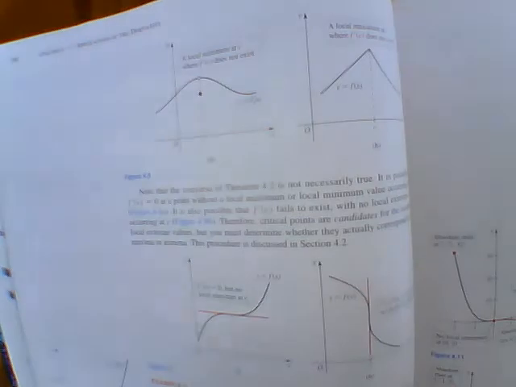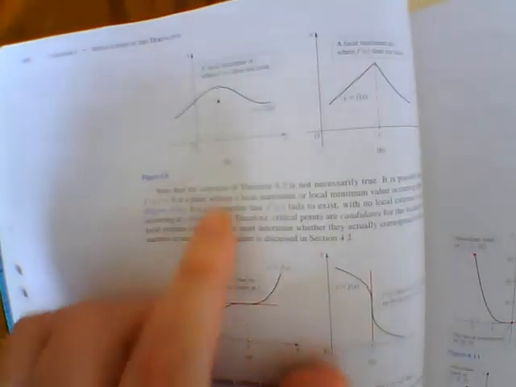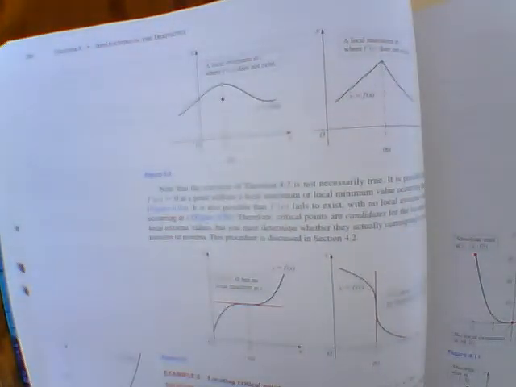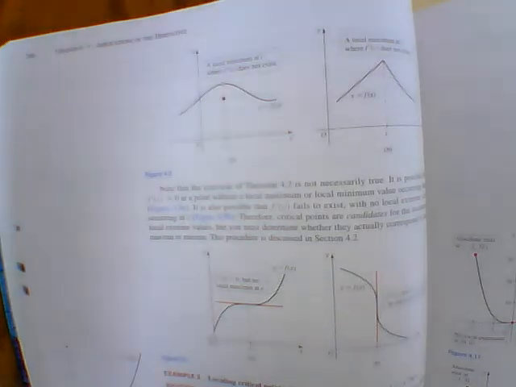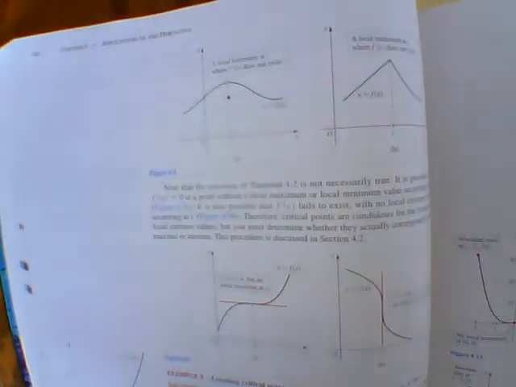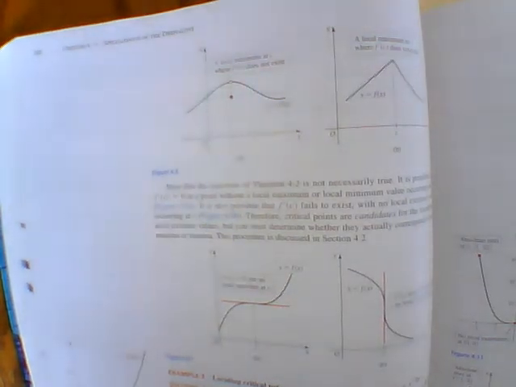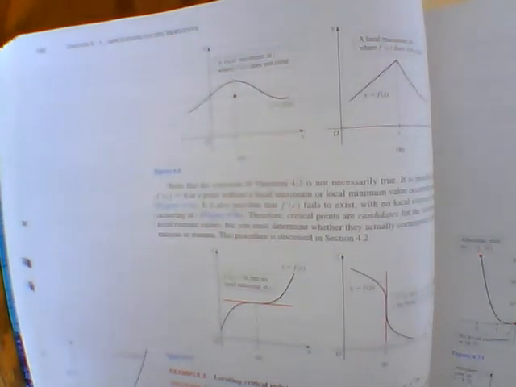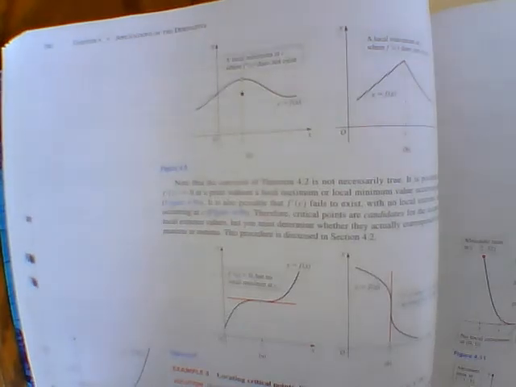As we continue on, you can see that even though f prime of c does not exist, we do have a local minimum value here. Remember that on any corner or cusp the derivative also does not exist, but it does not mean that we will not have a local maximum, so we have to pay attention to the types of curves we're working with.